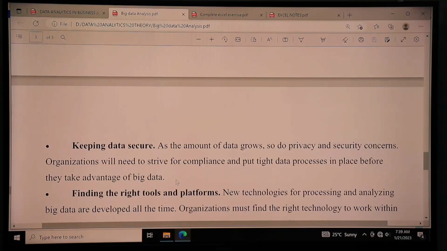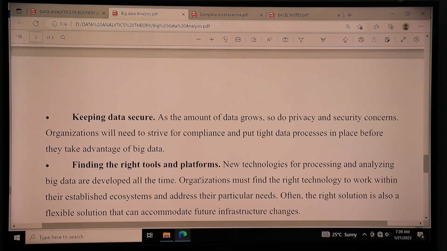Finding the right tool and platform is another challenge, because technology changes now and then. Today people are using Windows, tomorrow they will use a different application. Today we have people using SQL, for example, which is one of the major tools, the SQL platform, where most databases have been established.